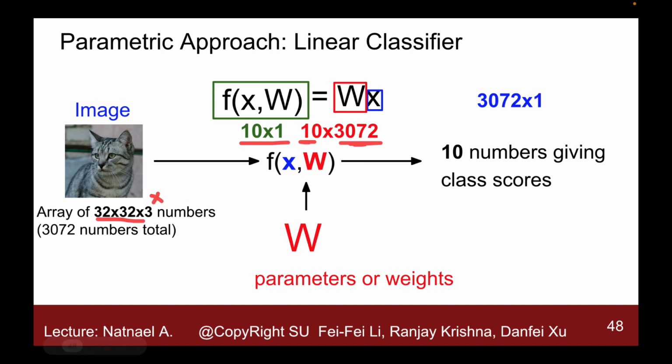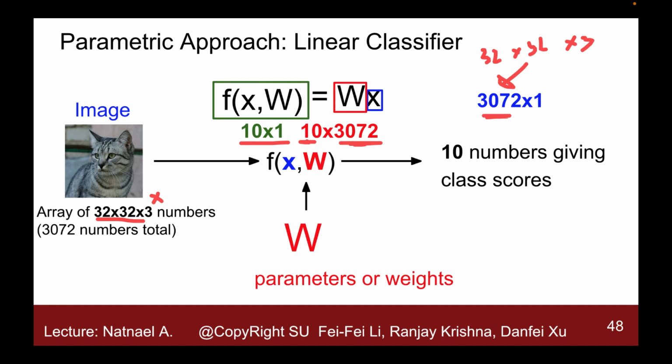Again, we have x, which is the number of pixels representing that x. So here, for instance, the image is 32 by 32, times the channels 3 yields this one, 3072. So basically x is 3072 times 1.